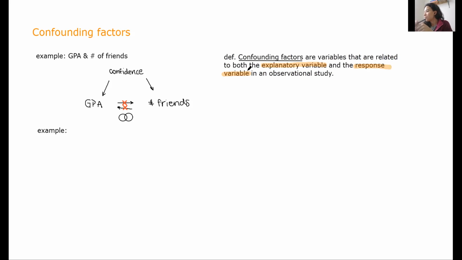We can't say that they are related by causality, but we can say that one of them seems to be an explanation of why the other one seems to be increasing or decreasing. Okay, it doesn't necessarily mean that there's causality between the two of them, but that one of them might be a good indicator for why the other one is changing. Okay, does everybody understand that, more or less?